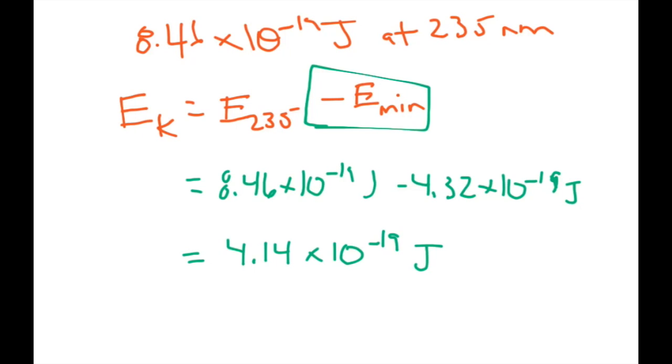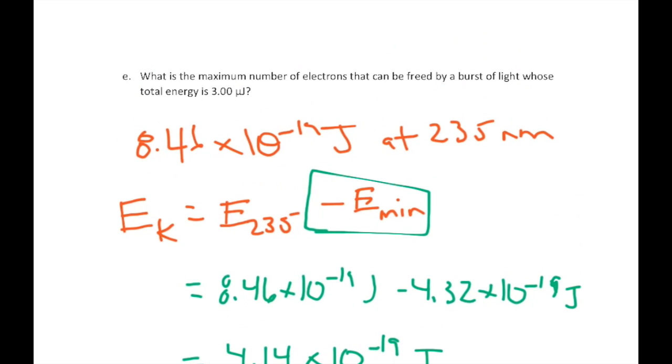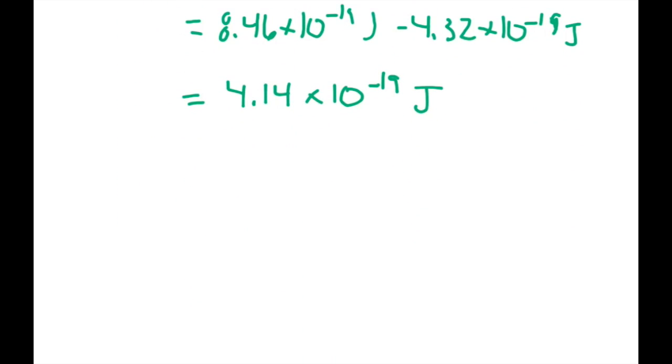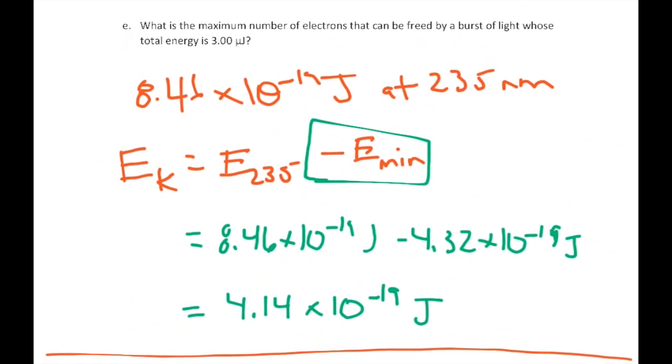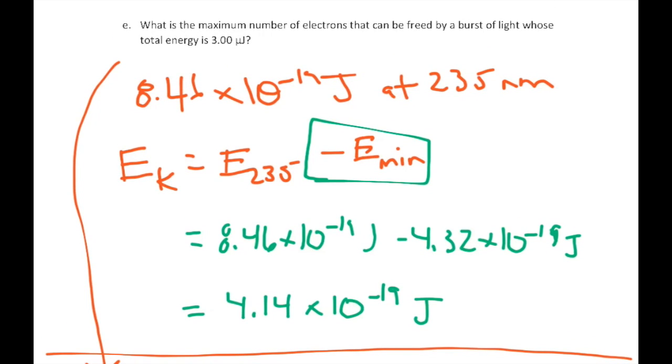Okay, so the last part of the problem. So let's go to the next page here. Oh, sorry about that. Okay. So this problem work will be down here starting. What's the maximum number of electrons that can be freed by a burst of light whose total energy is 3 microjoules?